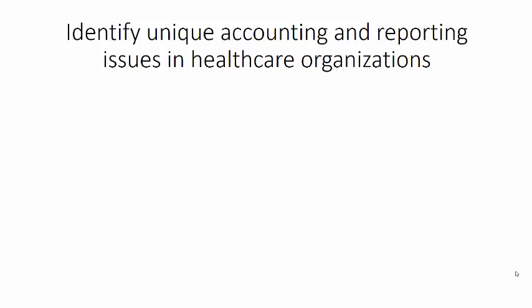Other things about our revenues. Not only do we have the provision for bad debts and the contractual adjustments, but we may have other revenues. Other revenues, for example, could come from fees for cafeterias. All right, so think of all the food and beverages that are sold while patients are in the hospital.